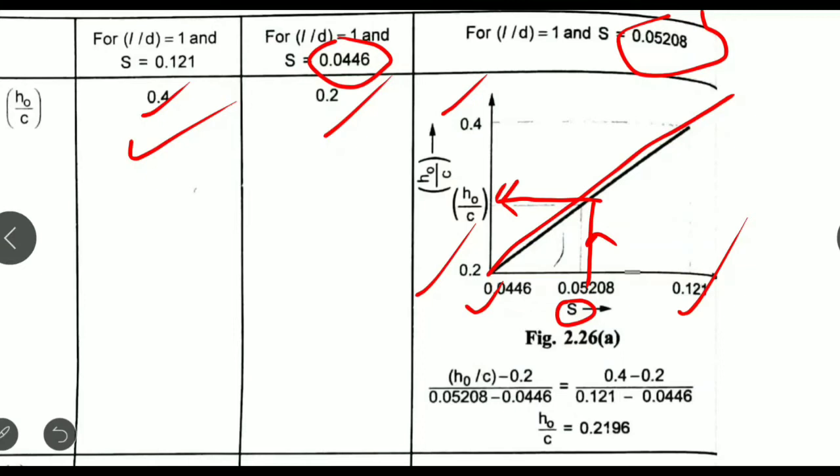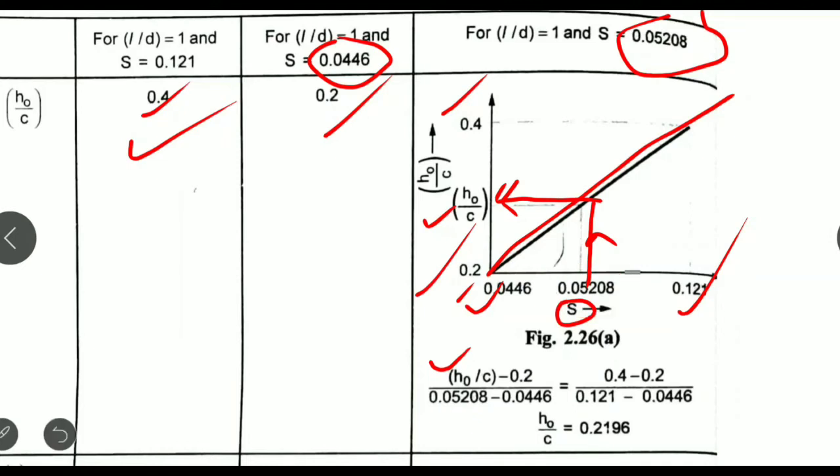Here we have to make an interpolation. See, I'll compare the values on the x and y axes. First of all, on the y-axis I need to calculate H0 by C minus 0.2, the numerator. Now go to the x-axis: 0.05 minus 0.0446. Am I correct? See carefully, because that portion we need to take.